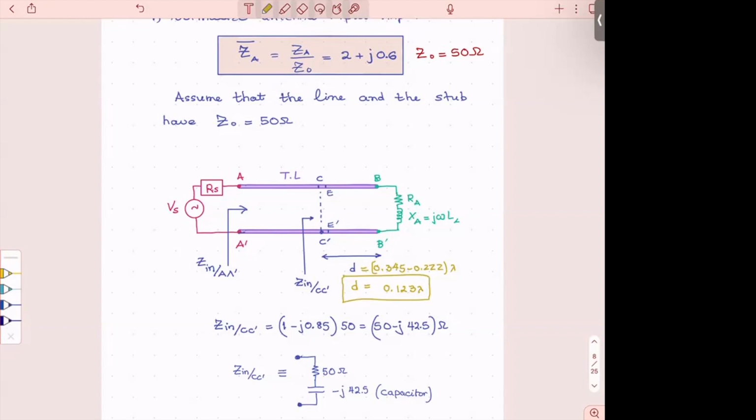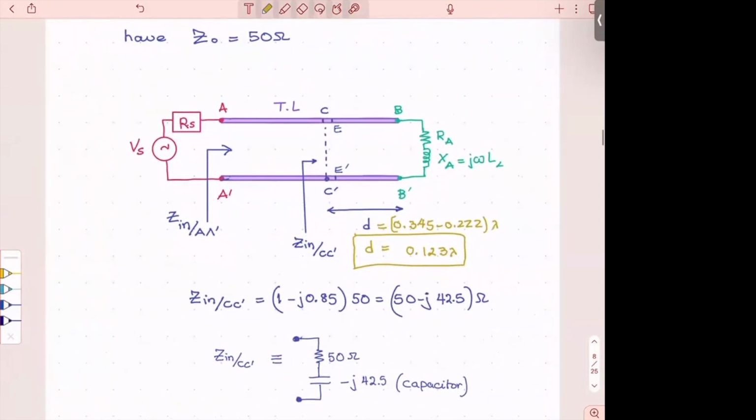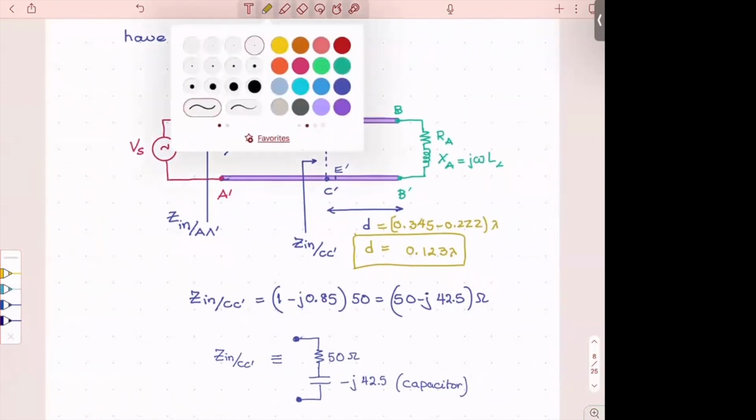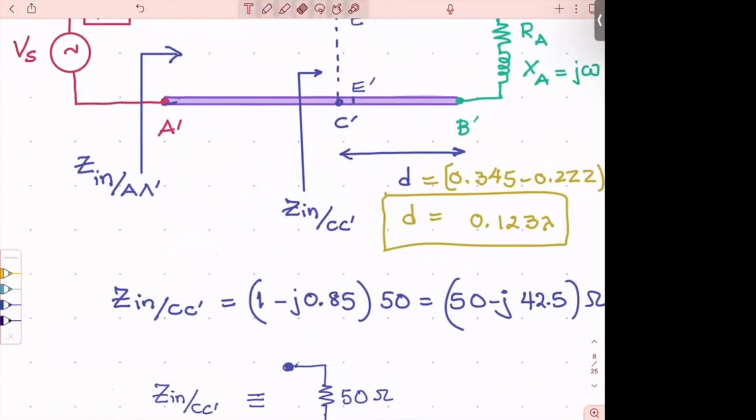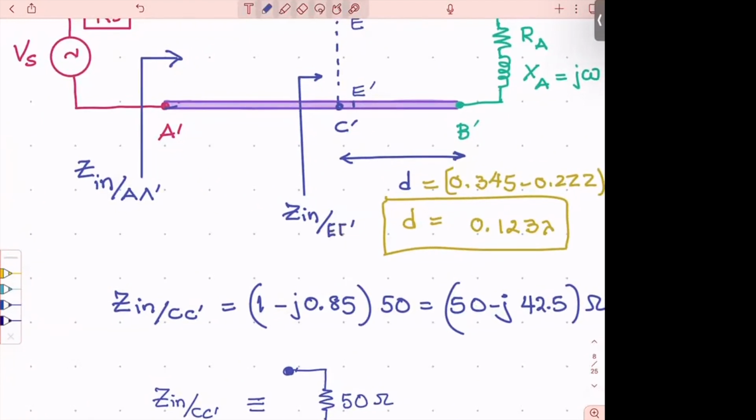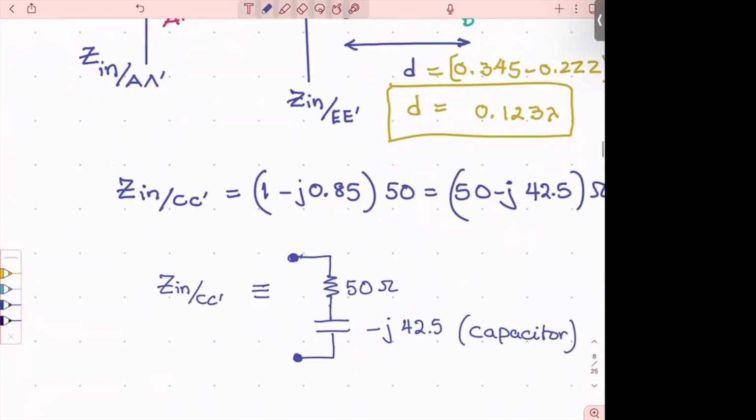Okay, now the other thing that I want to do next is to find how much impedance I'm reading at this point. So far, I'm very close to where I want to be. I still have a distance to go because my E prime has an impedance, my Z E prime impedance here.